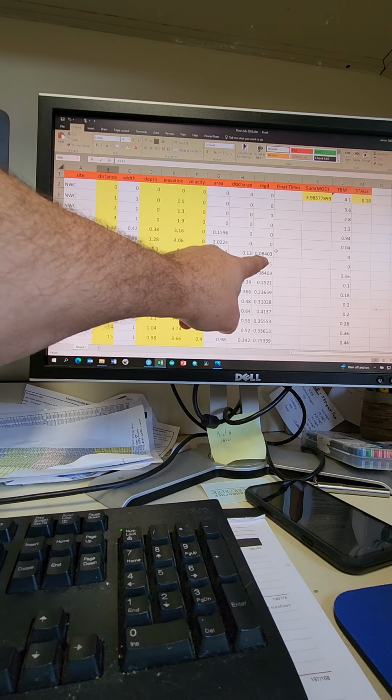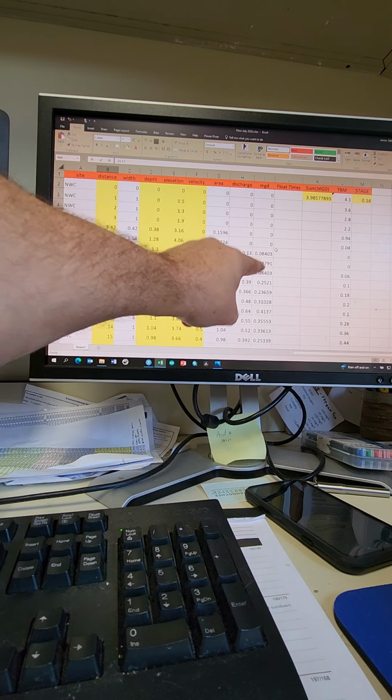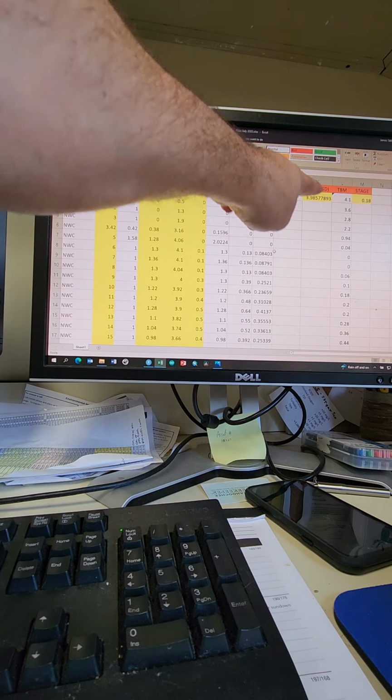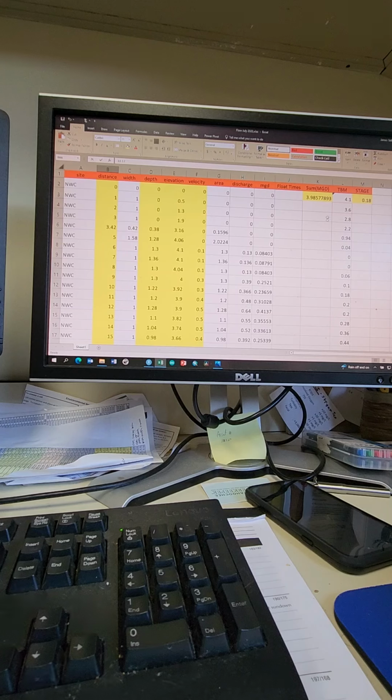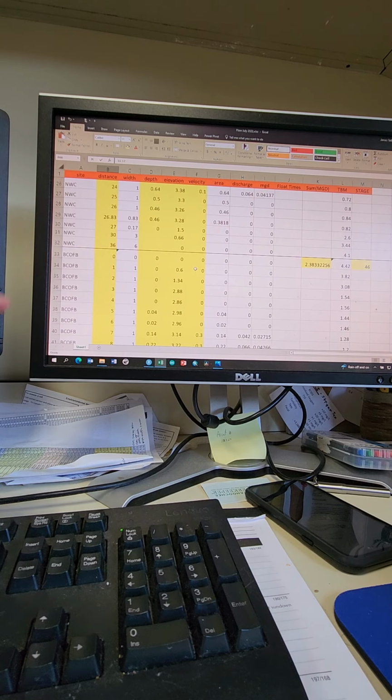Change that to million gallons per day right there. And then the sum of all those gives us this, how much water is flowing through that creek at the time of our measurements. Stage is how high the water is. In this instance, it is 0.18 feet high, the water. And this is for site NWC, which is North Walnut Creek.